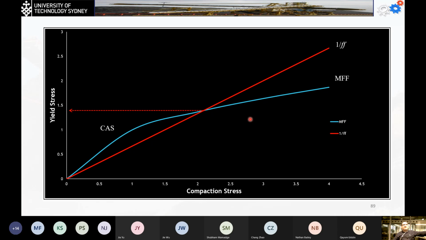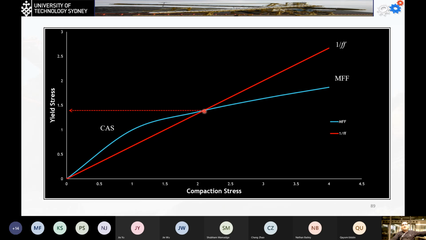So once again, to find the value of the CAS, we first sketch the MFF, the material flow factor curve, and this can be found by knowing the compacting stress against the yield stress. I can show that in an example. We know the delta and delta W, and we can find the value for the FF. We sketch a line whose tangent is equal to 1 over FF, starting from the origin.